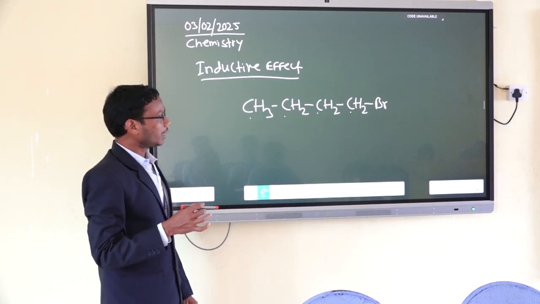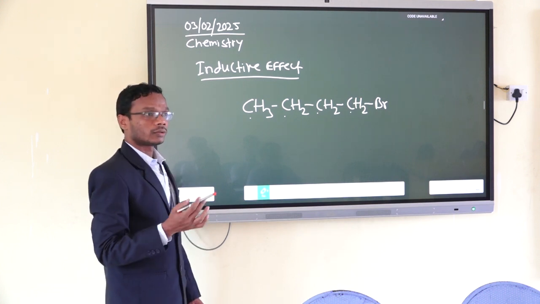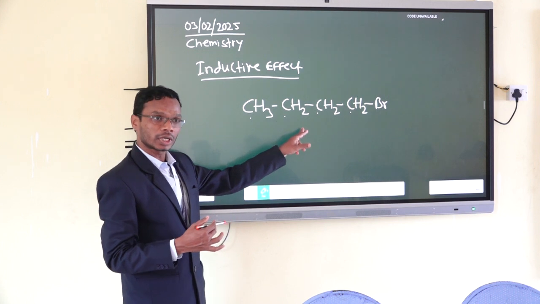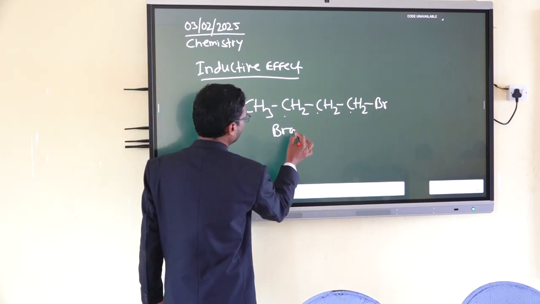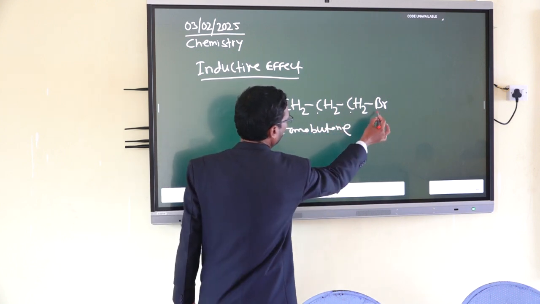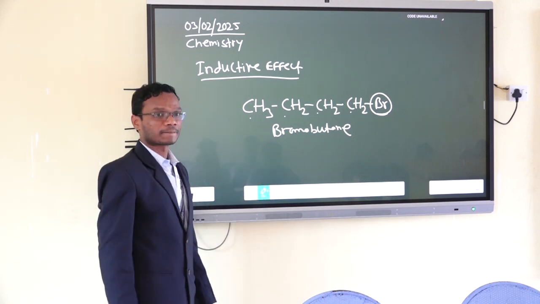So it is a halogen group. So the name of this compound will be bromobutane. Yes or no? It is bromobutane. Bromine and 4 carbons, bromobutane.